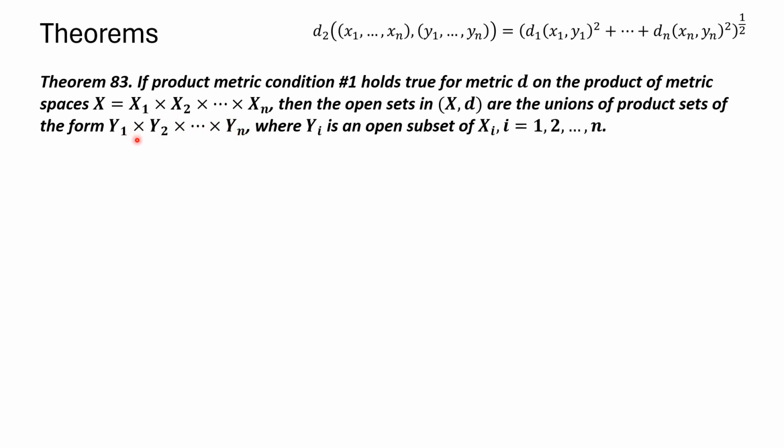So each one of these Y's is an open set in the X, and what this theorem is saying is that the open sets in X have this form here. So it's just a matter of taking an open set from each one of these and taking the cross product, and then we get an open set in the product space.